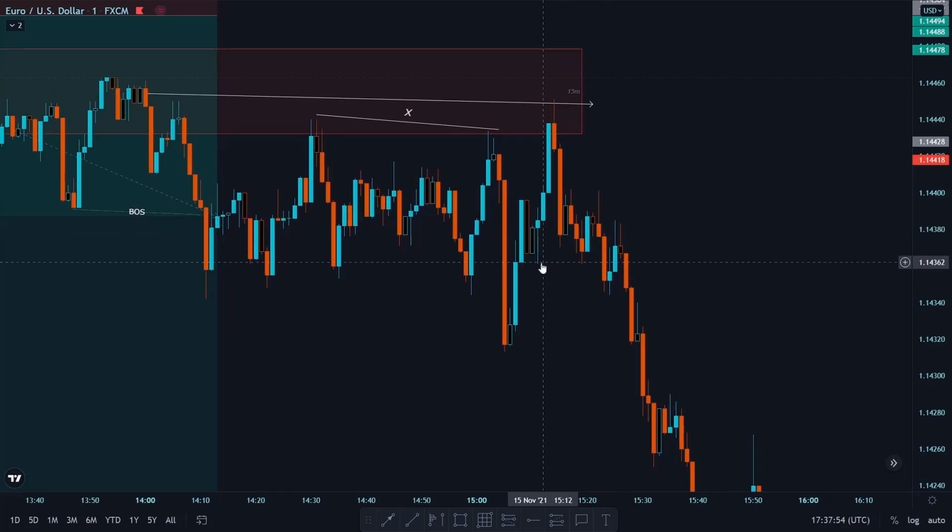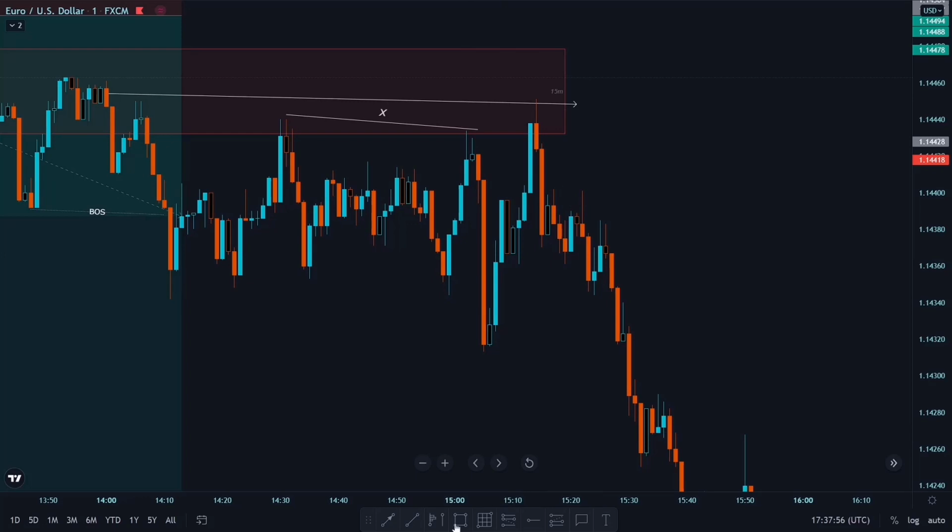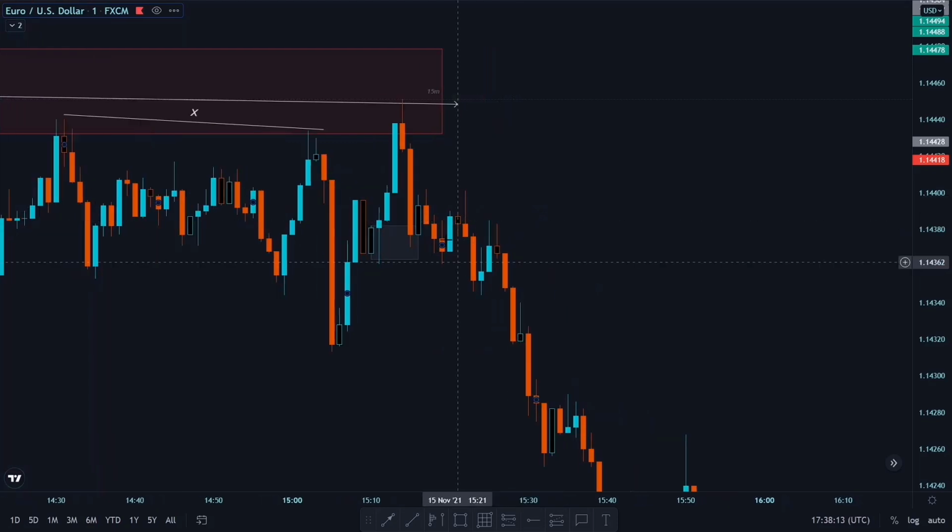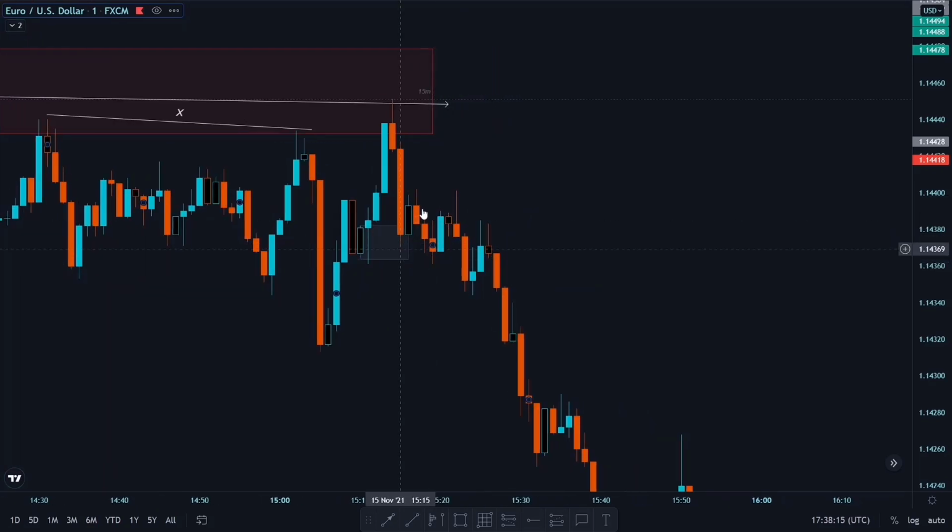Here also we have a supply to demand flip. We have this candle. So we have this demand, we get a reaction, we fail the reaction, that's why this becomes our flip.